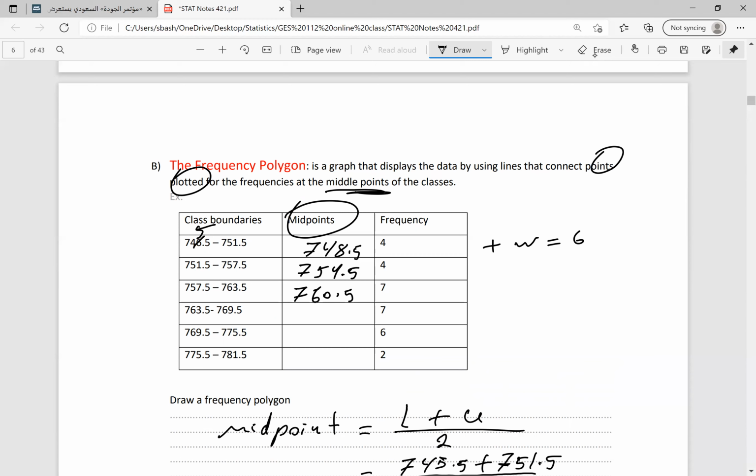Next one will be 766.5, just add 6. Next one will be 772.5, and next one will be 778.5. So we need just to find the midpoint of the classes.